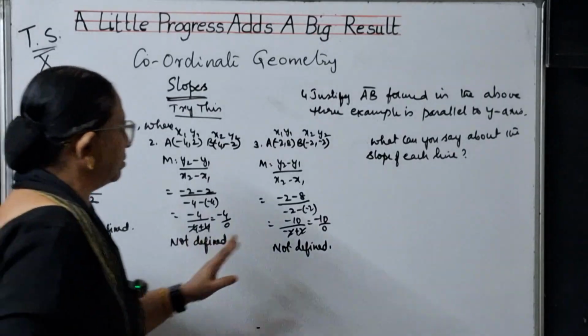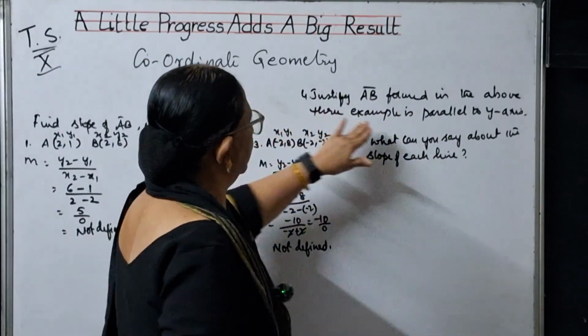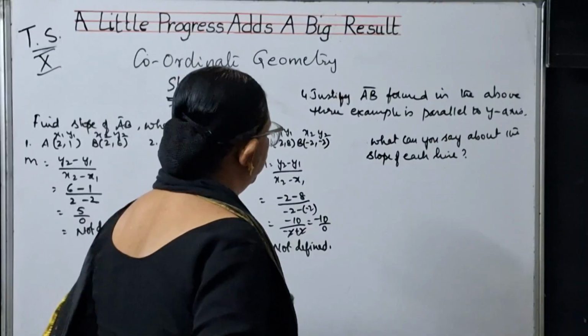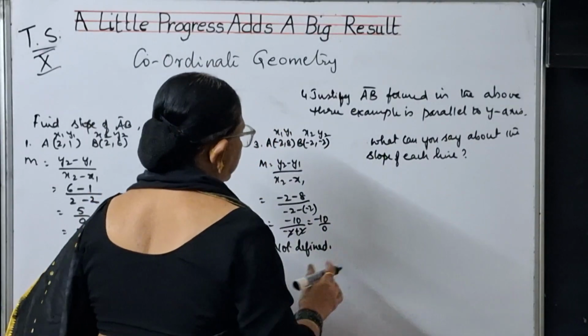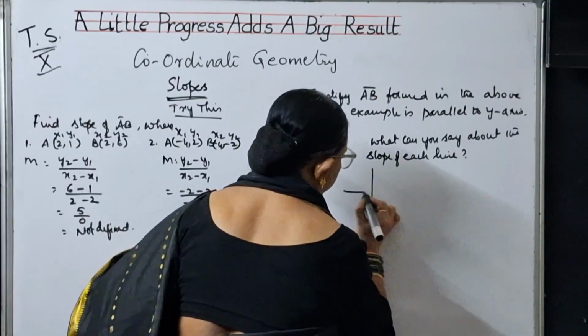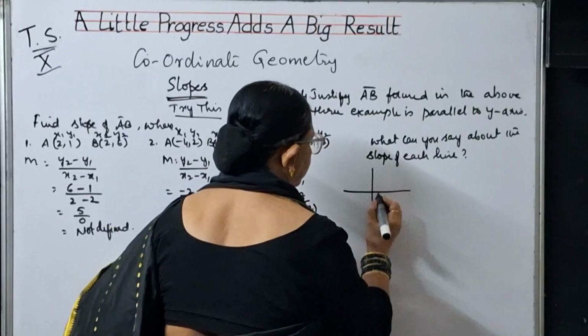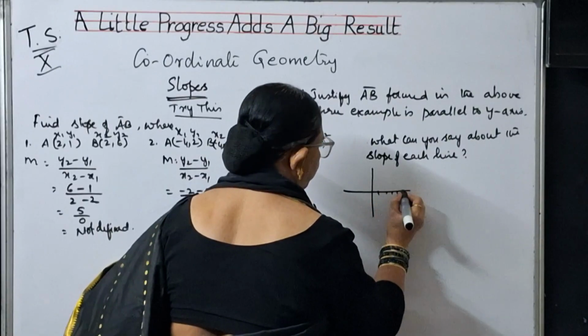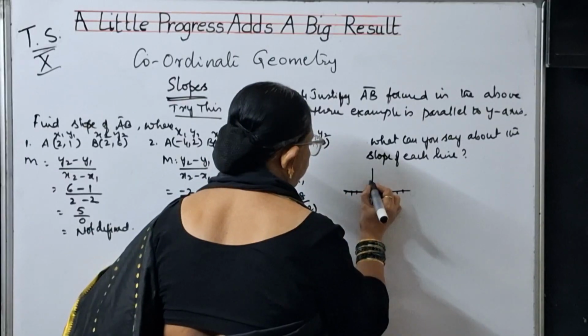So basing on this, the fourth question is: justify that AB formed in the above three examples is parallel to y-axis. See children, parallel to y-axis, for your understanding, let me take a coordinate axis. This is 1 2 3 4 5 like this, minus 1 minus 2 minus 3 minus 4.